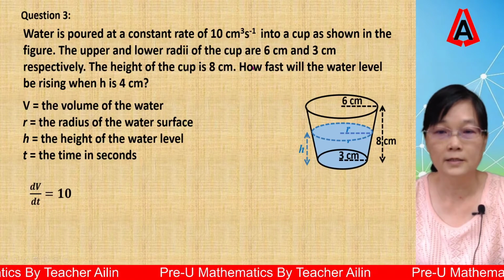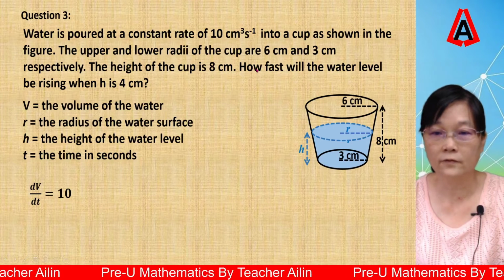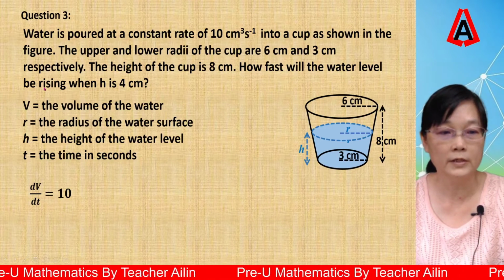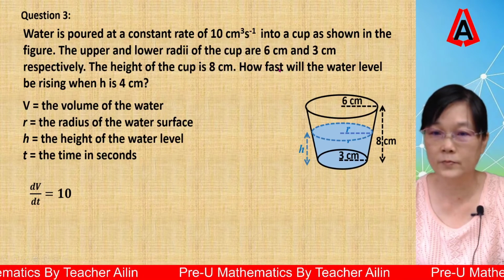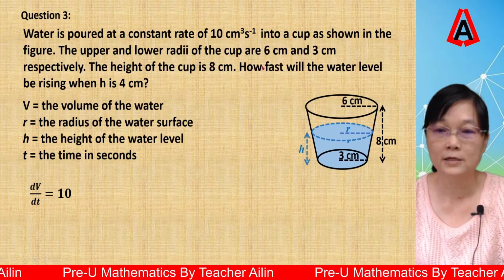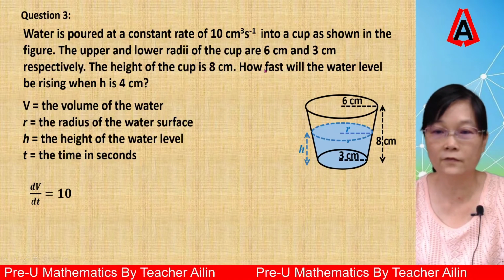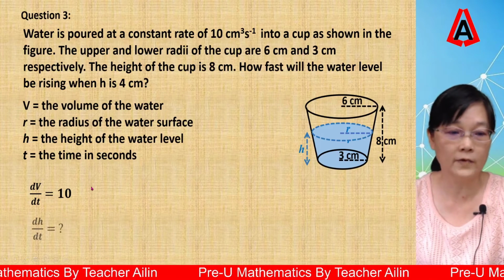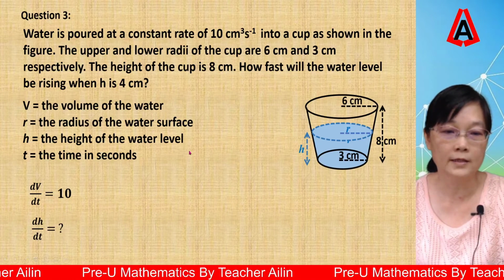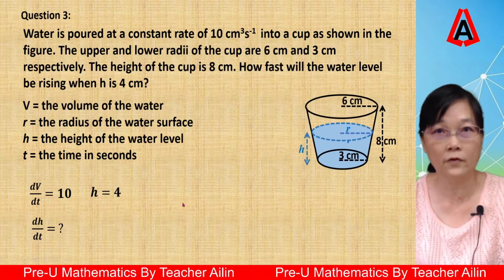In this question, we need to find how fast the water level is rising. How fast means with respect to time, that is t. So we need to find the value of dh/dt when h is equal to 4.